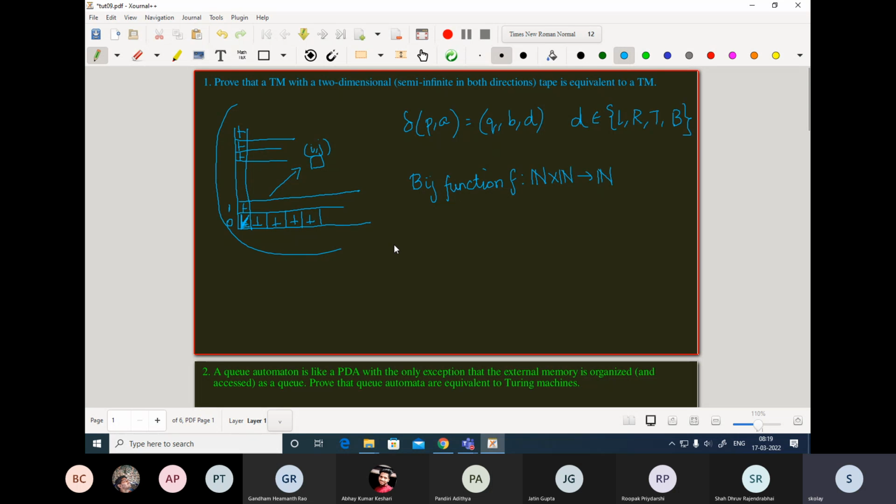So we saw something for counter automata. Can we use similar ideas? Or any other bijection function?